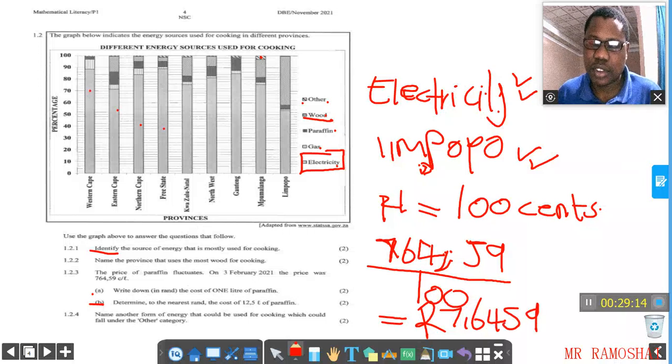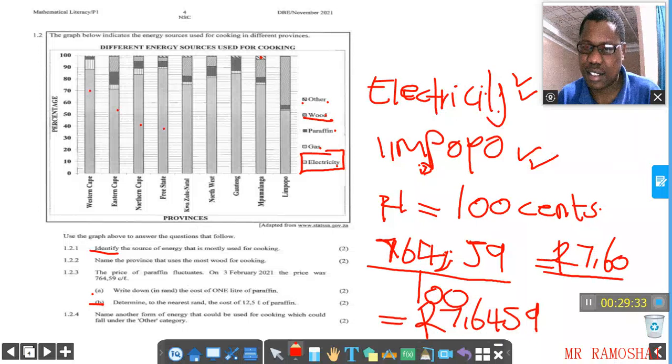So here you can at least round off to the nearest 10 cents. I prefer it that way. So if we round off to the nearest 10 cents, we can say this is 7 rand 60 cent. Yeah, just like this, right? So let's move on to number B.